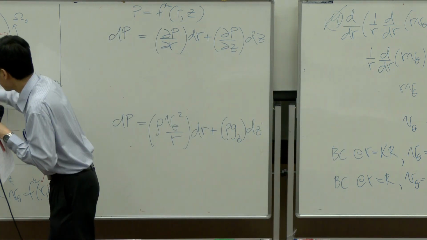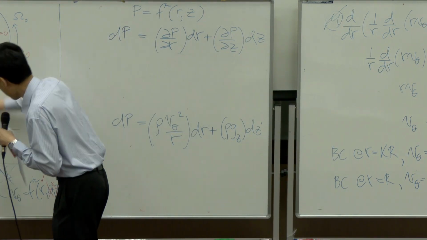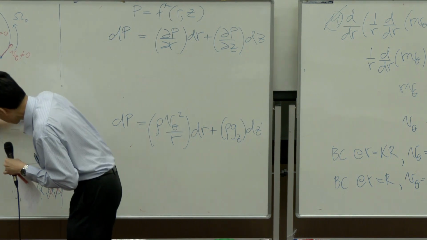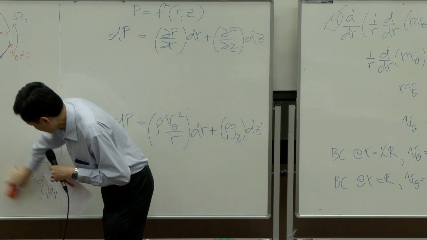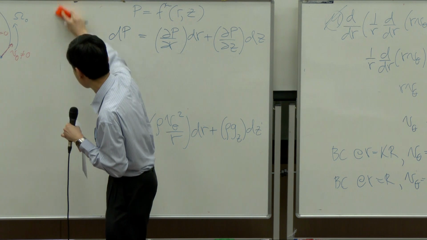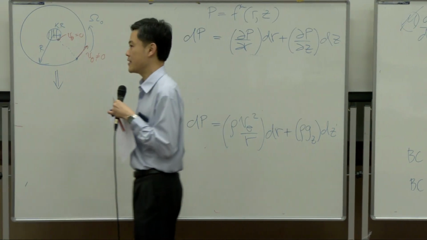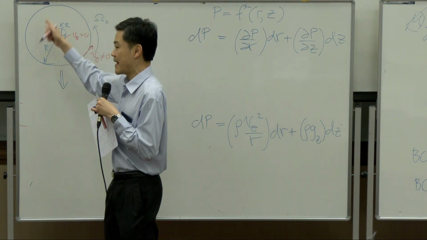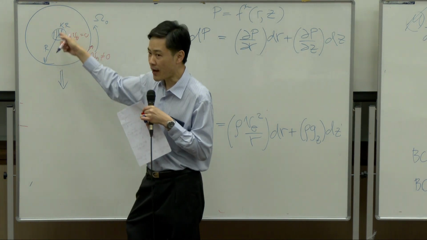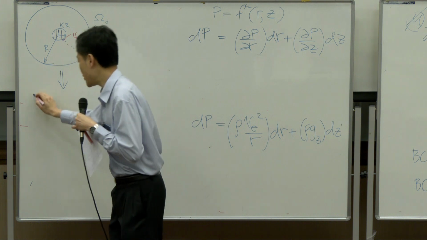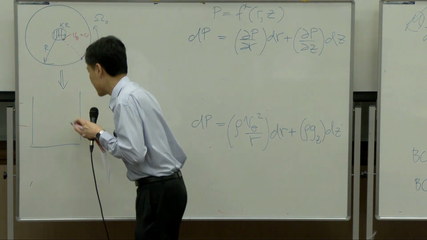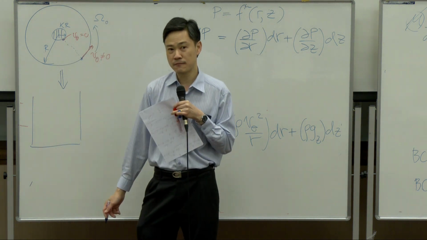What if I change the system from a tank with a rod in the middle to a tank without the rod?